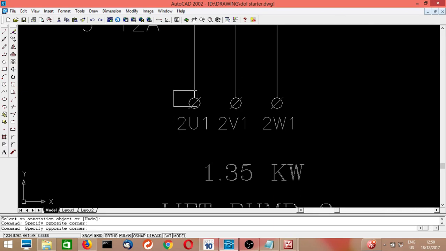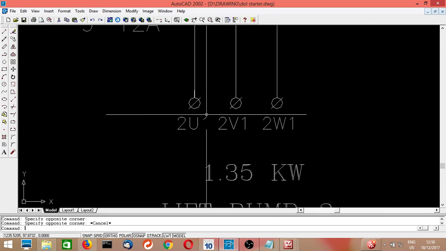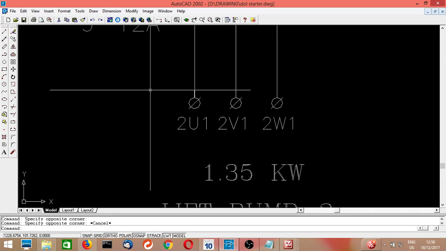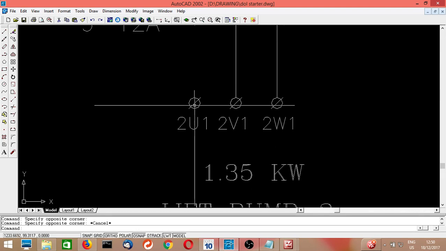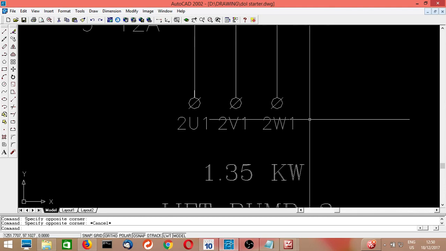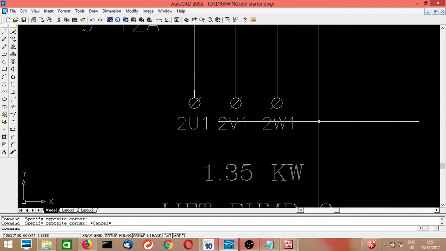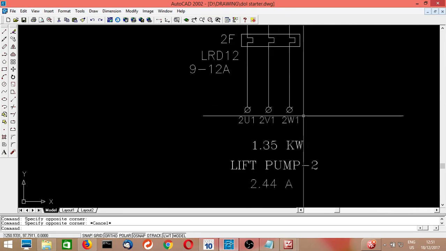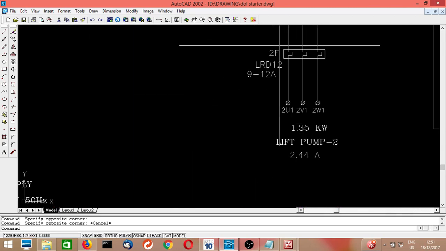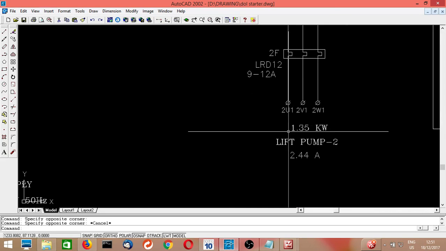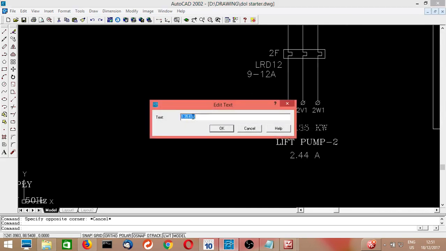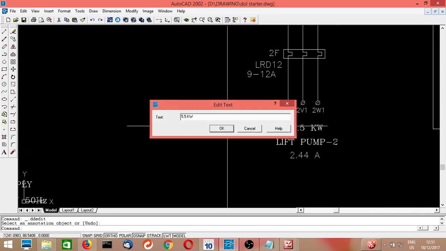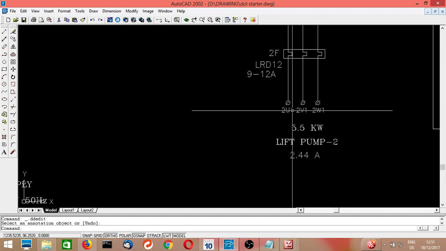The terminal is nothing but electrical terminals, having electrical connectors inside a PVC insulator, where the wire will be connected. From that, you can take it to our motor, a 5.5 kilowatt three-phase motor with a DOL starter.